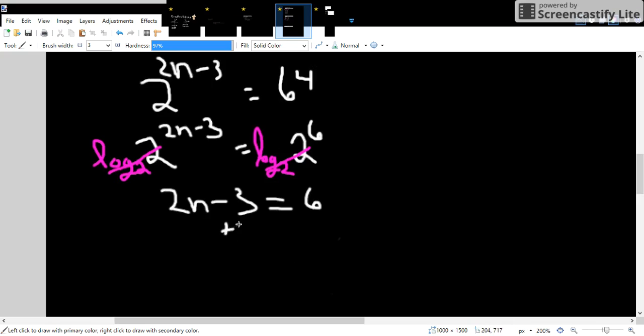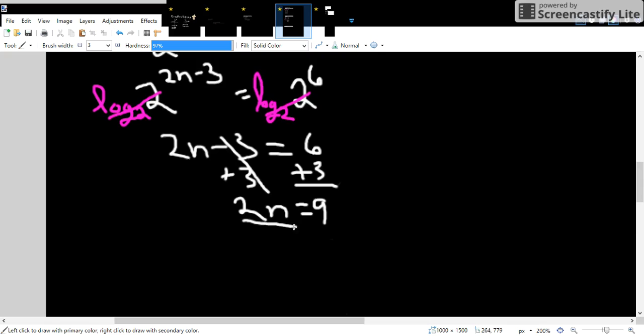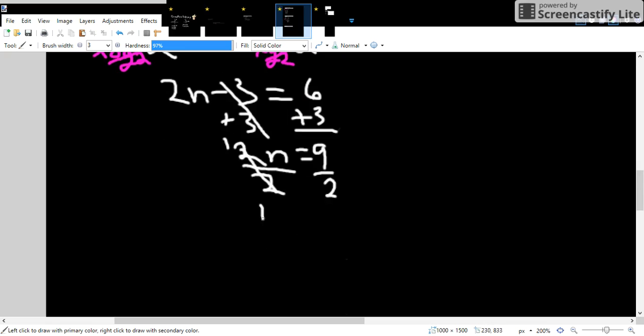From there, add 3 to both sides of the equal sign. So you have 9 equals 2n. Divide both sides of the equal sign by 2 to get rid of this 2. 2 divided by 2 is 1. So now you're just left with n equals 9 halves.